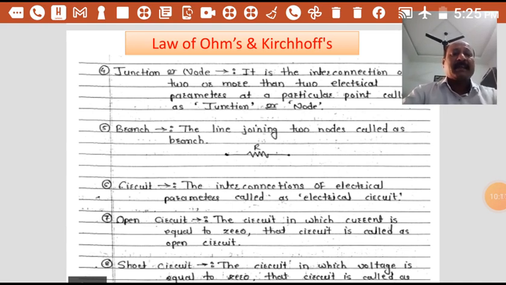Such a condition is called an open circuit. It means the proper voltage is not applied across the tube light, fan or any home appliance.